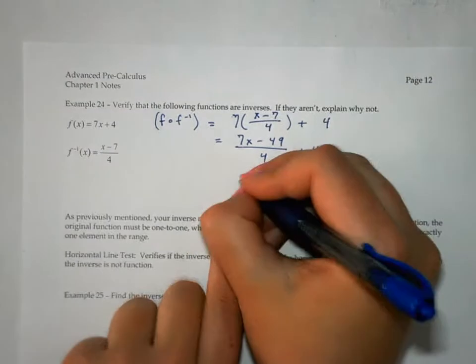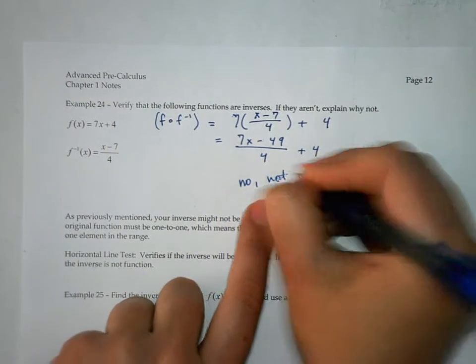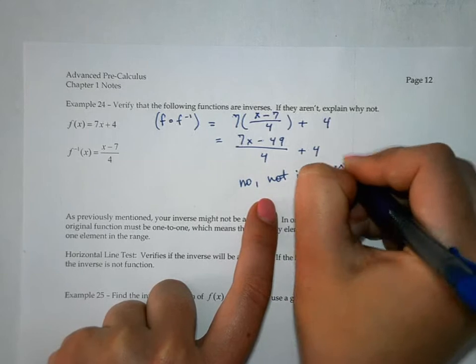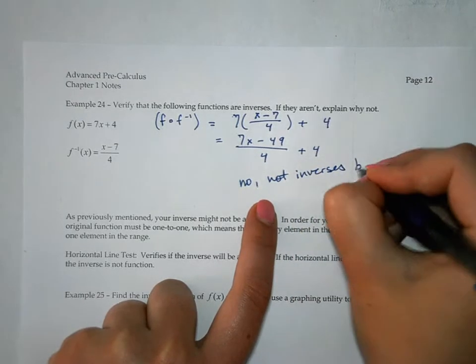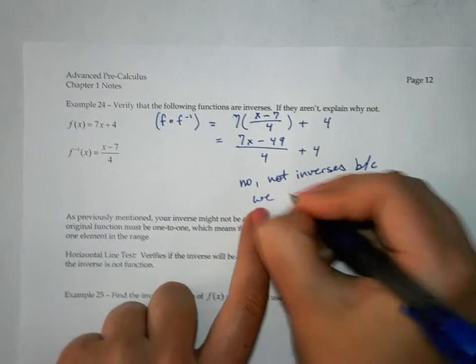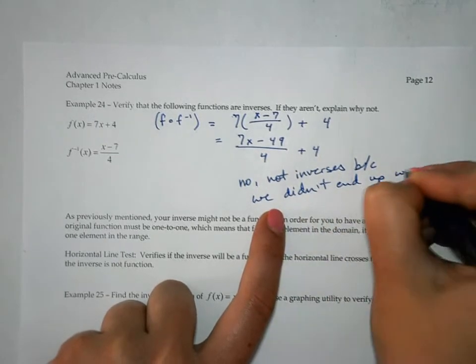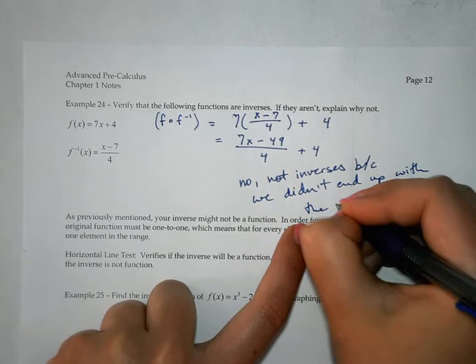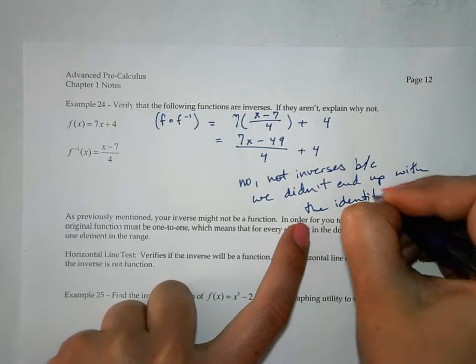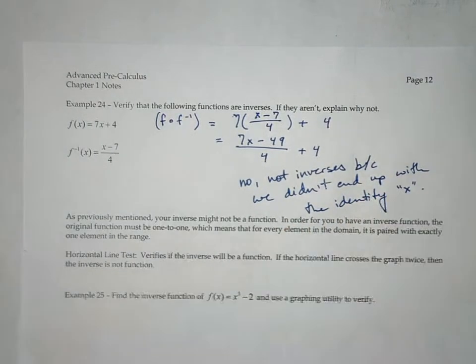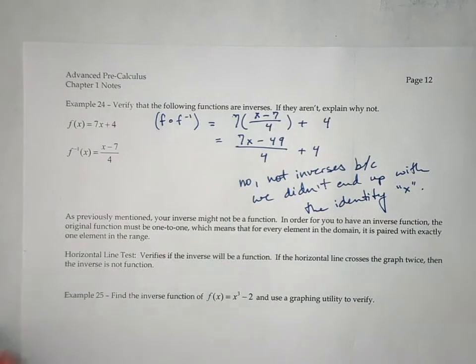Not canceling. So we say no, not inverses, because we didn't end up with the identity. Remember, the identity is x. And that's all we have to put for that.